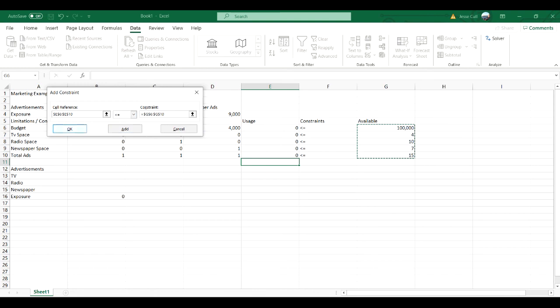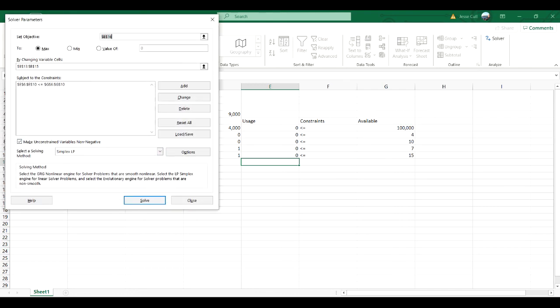We've now compressed all of our constraints into these two ideas. We hit OK, and instead of 5 different constraints, we have 1. Both are totally acceptable. If you're more comfortable doing it the other way, that's totally okay.